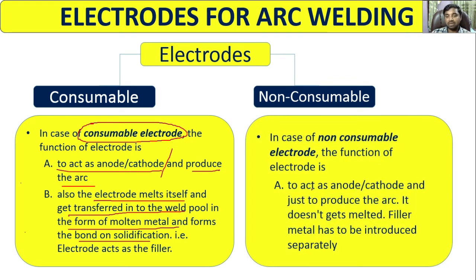Non-consumable electrode acts as the anode or cathode, just to produce the arc. In non-consumable, the electrode only produces the arc, but it does not get melted.